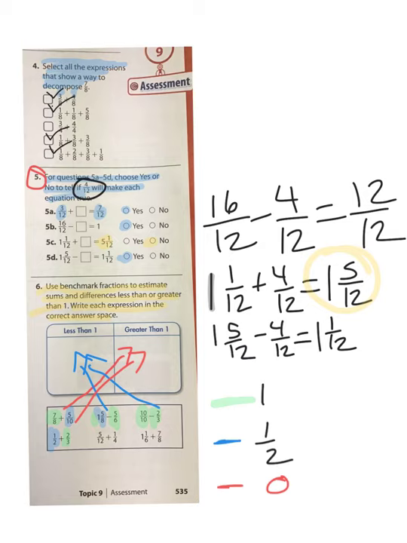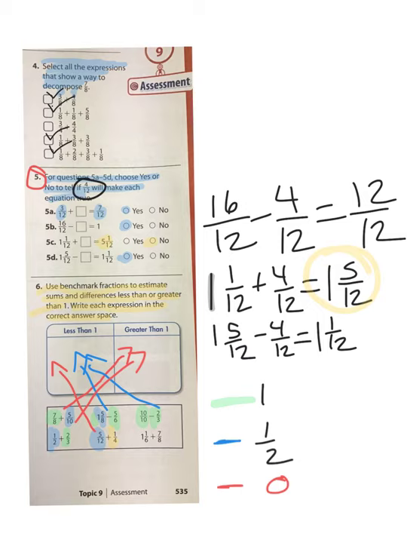All right, now I have 5/12, which would be a half, plus 1/4. So 1/4 is tricky, because a half plus 1/4 would be closer to 3/4. So this one is actually going to be less than 1. Sorry, I made it red instead of blue.